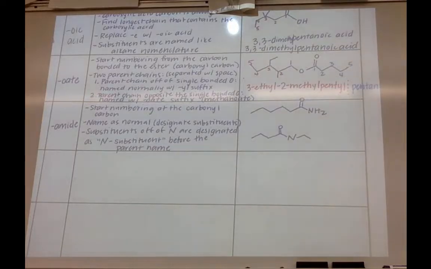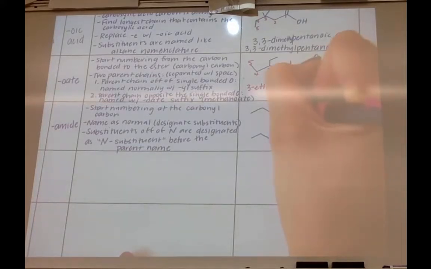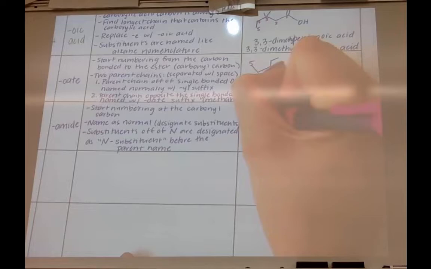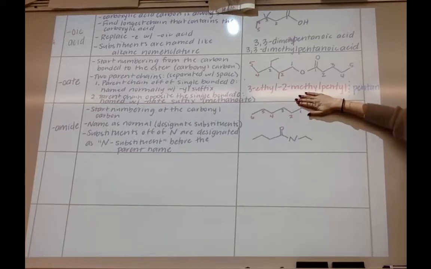So when it comes to numbering, I'm going to look at this top one first. Your numbering always starts at the carbonyl carbon. So 1, 2, 3, 4, 5, 6. That C double bond O NH2 is the amide. That doesn't count as a substituent. That identifies the parent chain and the ending. If this were all single bonds, what would this be? Hexane.